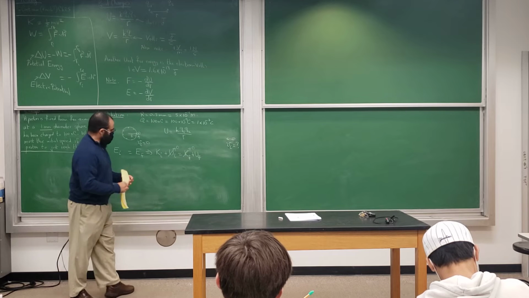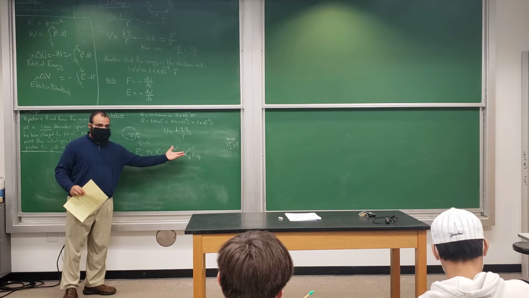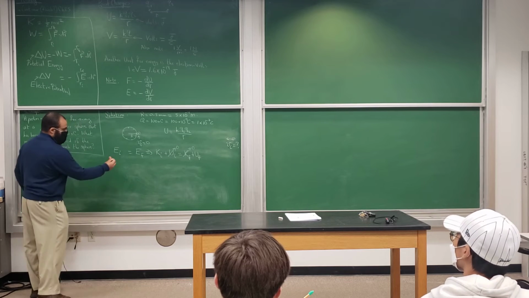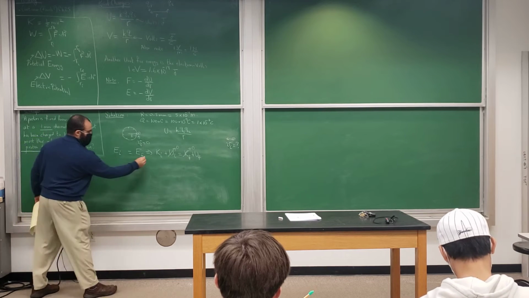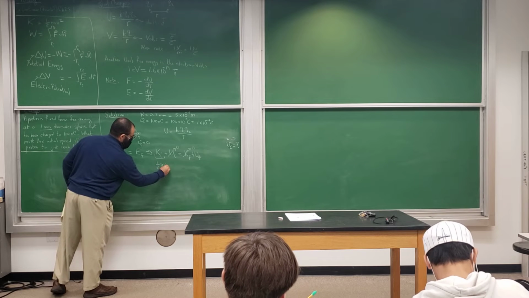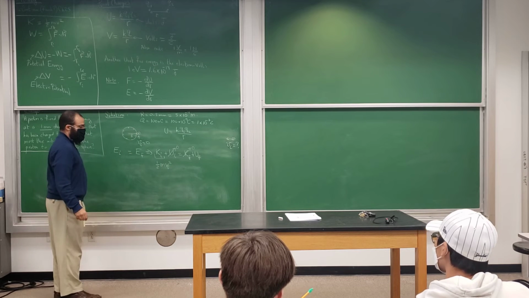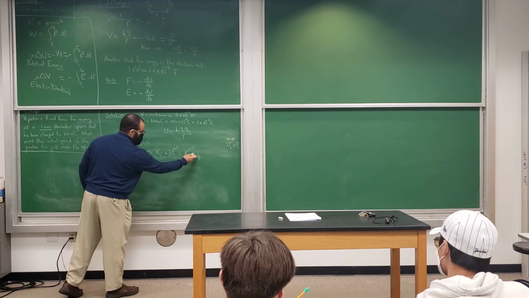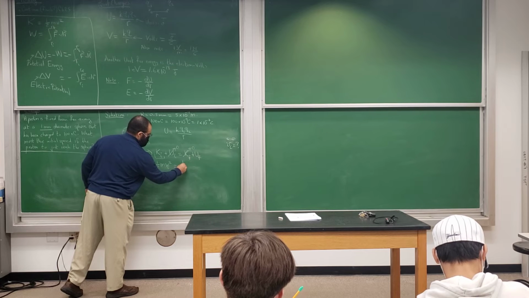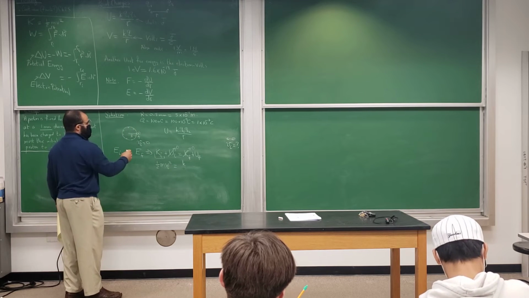So here's what happens. The kinetic energy at the beginning equals the potential energy at the end. Kinetic energy at the beginning is 1/2 m v initial squared, right? And the potential energy at the end is K, and then Q1 and Q2.